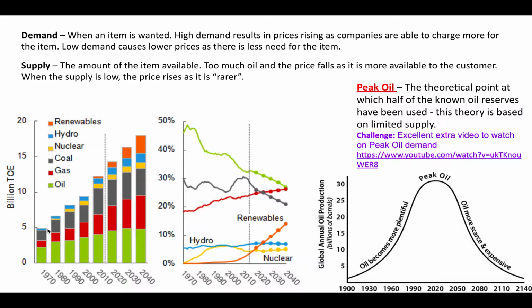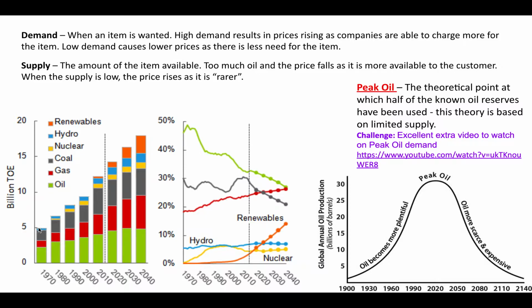Now, equivalent means to make something the same. But of course, it's very difficult to say, well, 1 barrel of oil is equal to 1 barrel of coal. That's not the case, okay? So what we do is we convert them all into the same unit, and we use this tons of oil equivalent measure, TOE, okay?